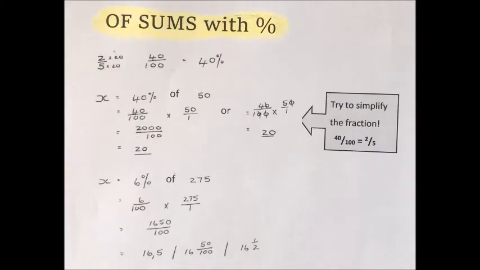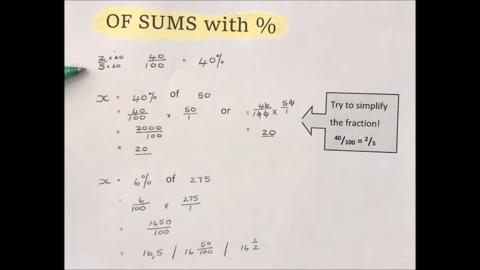Let's look at the explanation page, which you pasted in your books. The example we are going to use is 40%. You will see at the top of your worksheet, this 40% has already been simplified. Obviously, 40% is 40 over 100. With percentage, your denominator will always be 100.